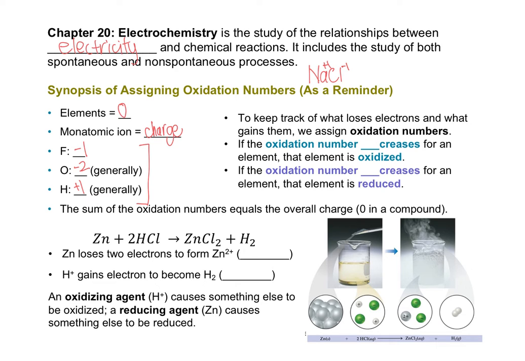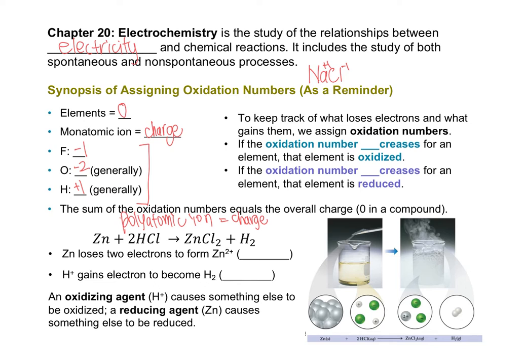And then the last thing is, if our compound is a polyatomic ion, if I add up all of the oxidation numbers, then the total needs to equal the charge of that molecule or of that ion.